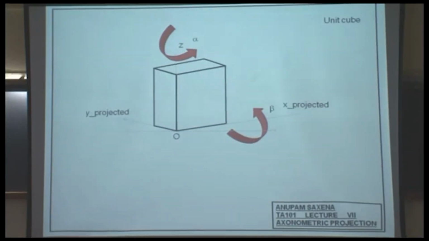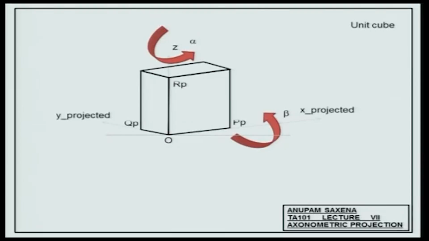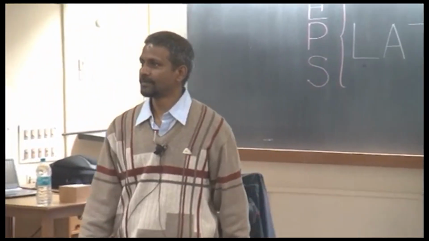And then you also see 3 vertices very distinctly, PP, QP and RP. Would you agree with this? Are 3-dimensional features of the cube visible to you? Starting with a single plane to 2 planes to now 3 planes? Yes or no? Okay.